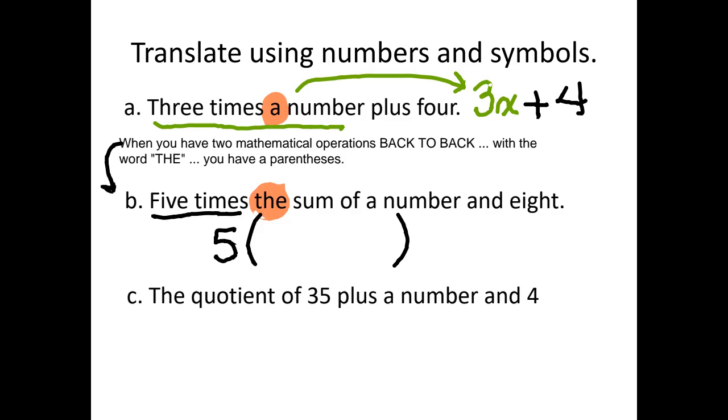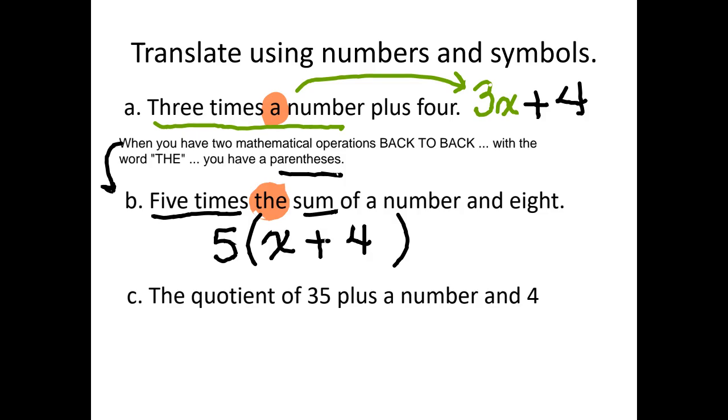Now, sum is plus a number and 4. That the indicates you have a parentheses. An A number, no parentheses.